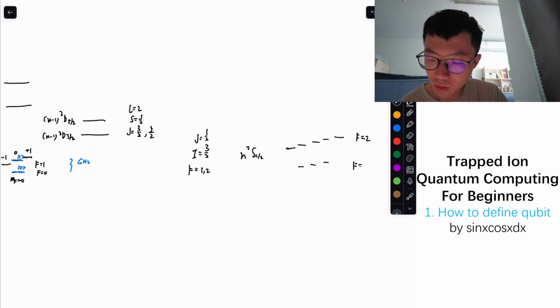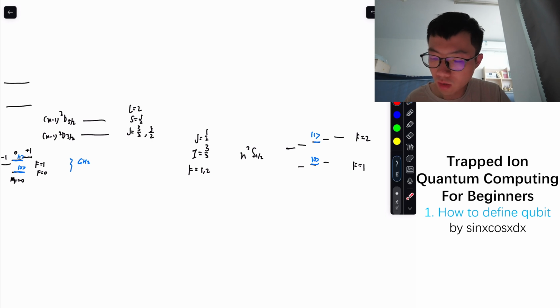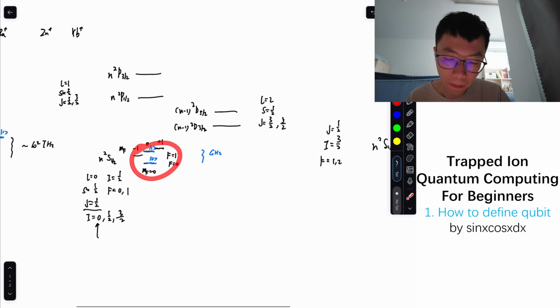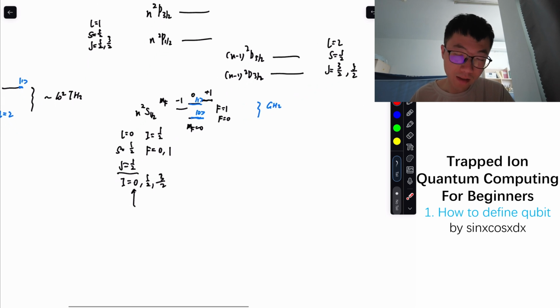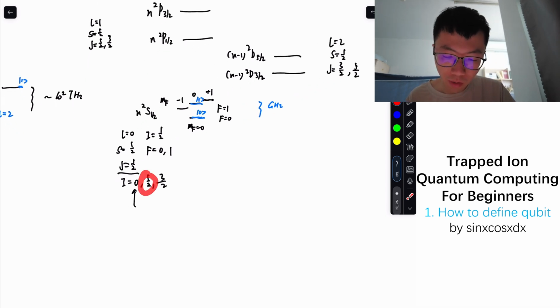F equals 2, F equals 1. It has 8 sub-levels. It's also okay for us to define these 2 as qubits, but as we can see in the following, the state initialization, the gate operation, and the detection are more difficult compared with this one. So maybe the best nuclear quantum number we want is 1/2.